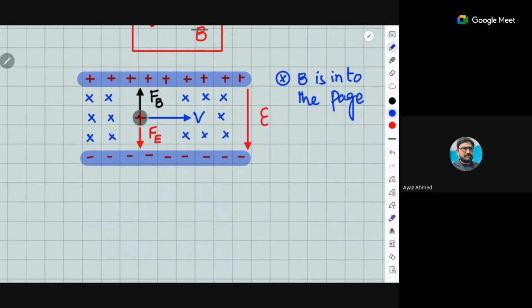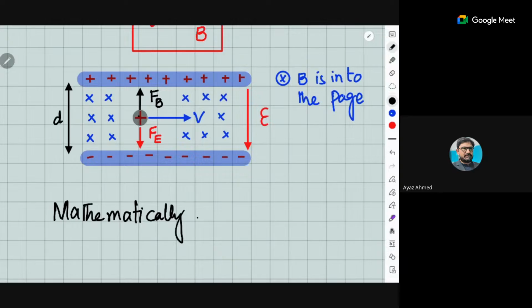So in the same state, mathematically, here I'm going to draw the line which is the separation between these two parallel plates, and that separation is equal to d.